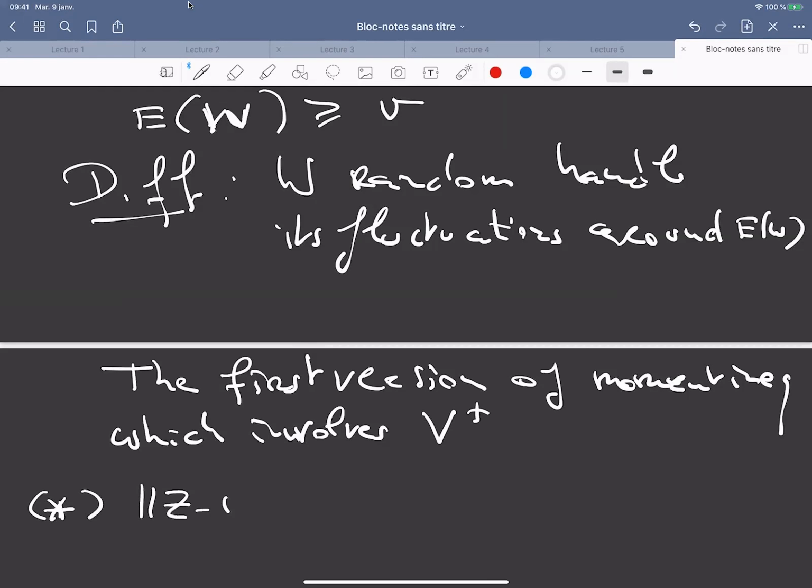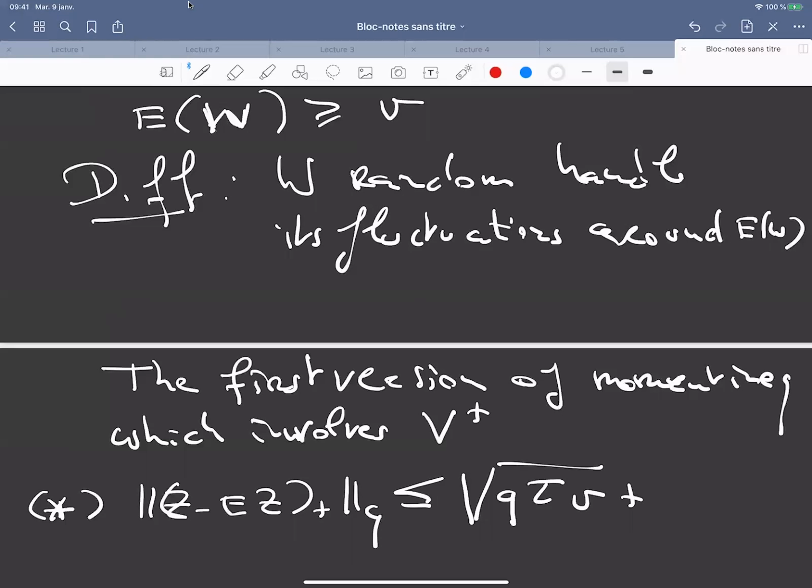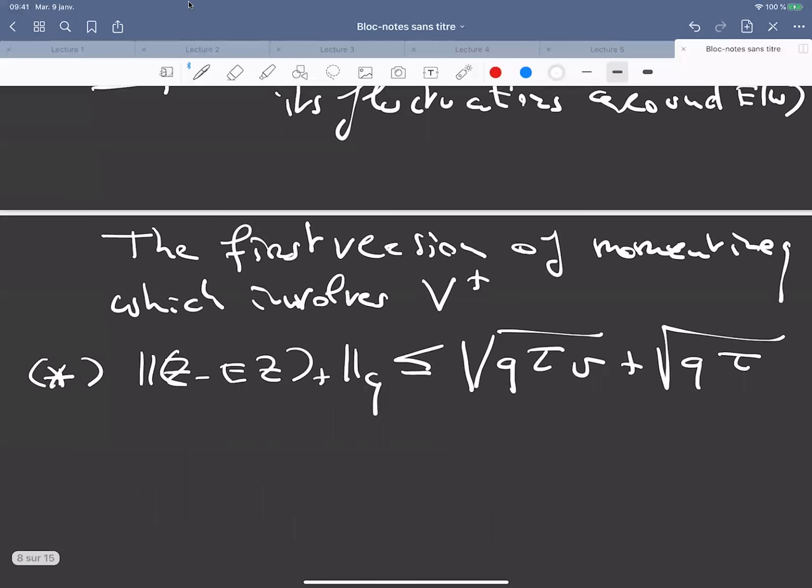And it tells us that the Z minus its expectation, positive part, LQ norm, is less than the square root of Q multiplied by tau V plus the square root of Q tau multiplied by the LQ norm of the square root of W. It's just because the square root of the sum is less than the sum of the square roots, okay?